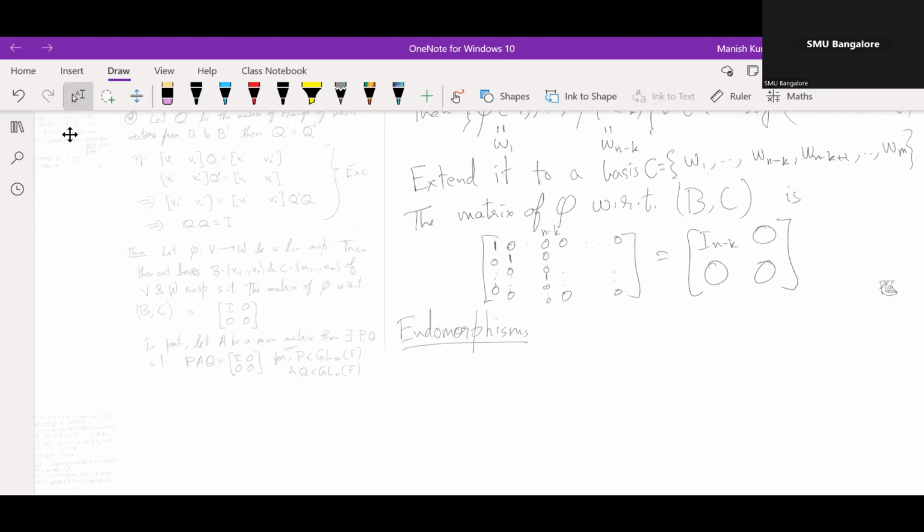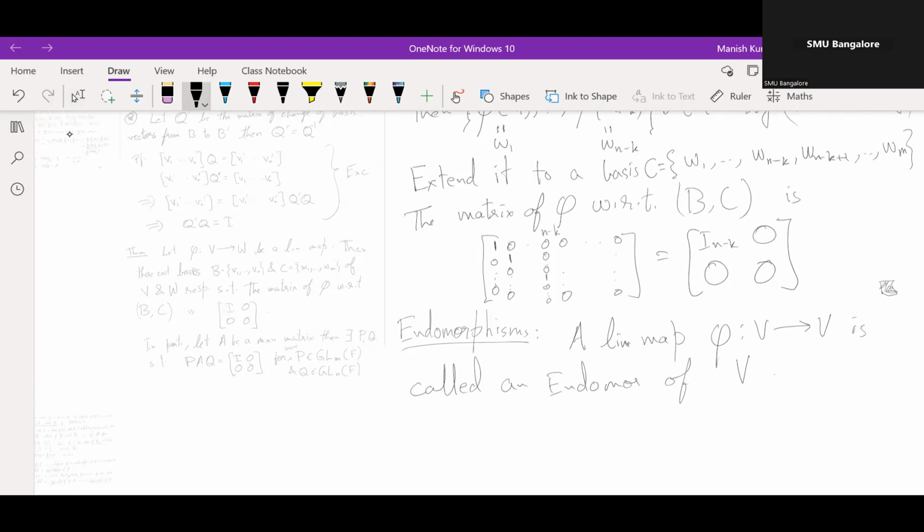Okay. So now you know what endomorphisms are. What is an endomorphism? A linear map phi from a vector space V to itself is called an endomorphism of V. See, if there are two different vector spaces, then we need a basis for both of them to write down the linear map.